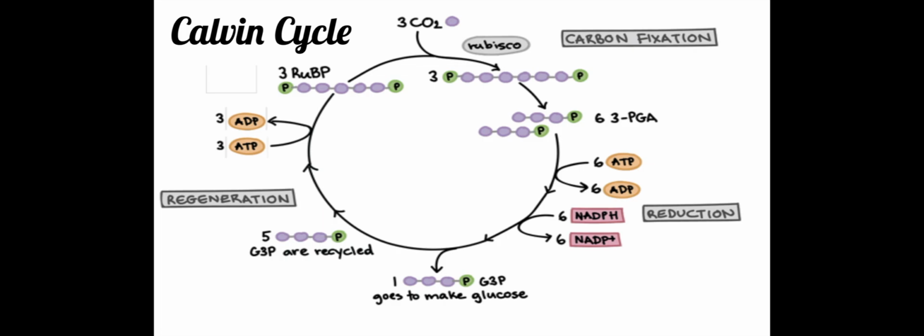Now, heading on to the third phase, regeneration. What happens is, an ATP is used with the 5 G3P molecules, and then are turned into RuBP molecules, which then can add additional carbon dioxide, starting the whole entire cycle again.